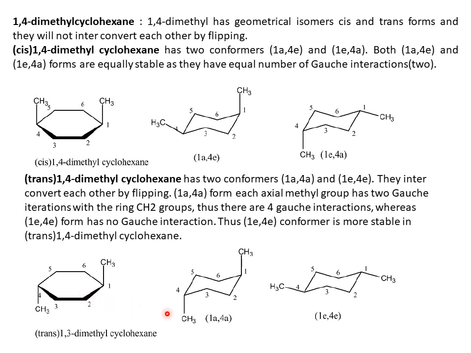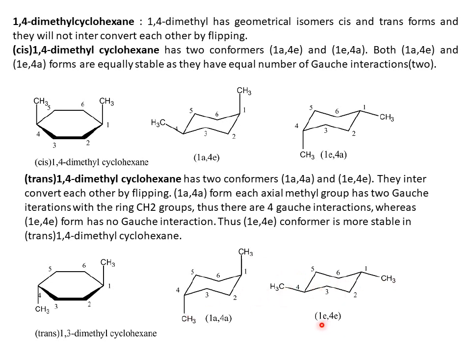Let us evaluate. At position 1 we have an axial methyl group, and at position 4 we have an axial methyl group. Then the two methyl groups are running opposite as shown in the Fischer diagram, and this conformer is a trans conformer, 1A 4A. After flipping, the axial group is converted to equatorial, and this axial also converted to equatorial.